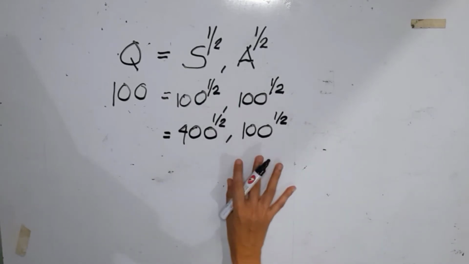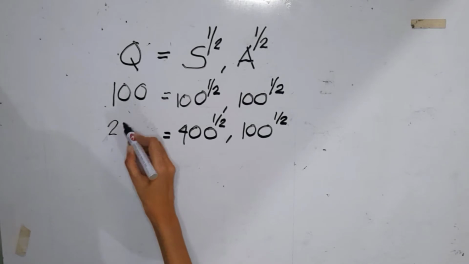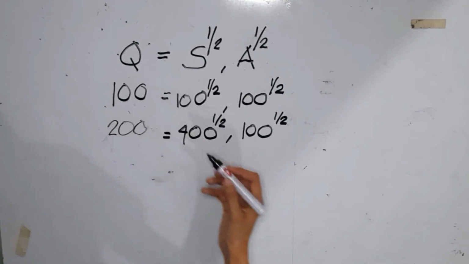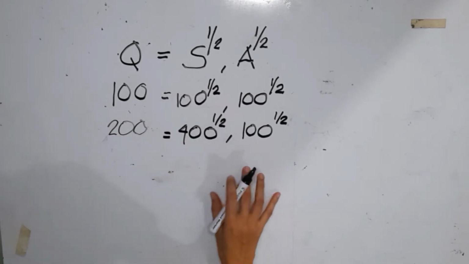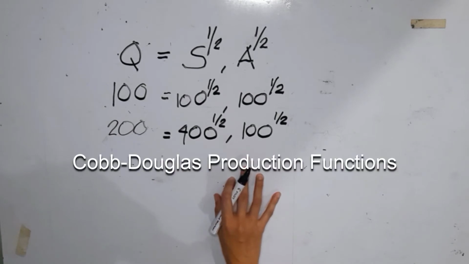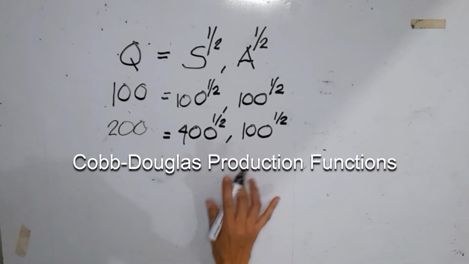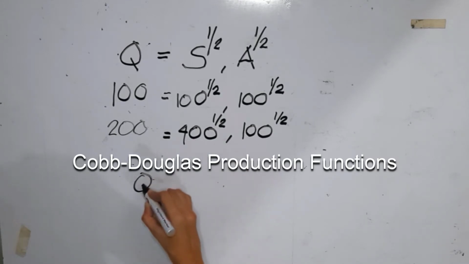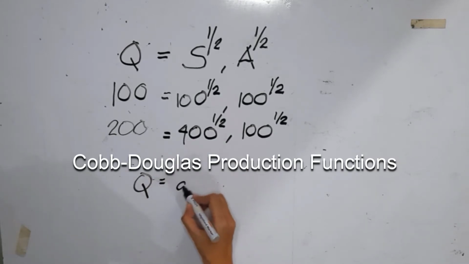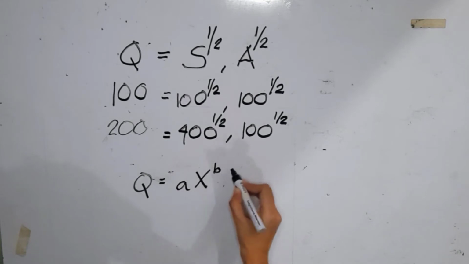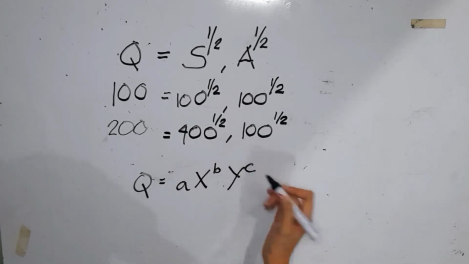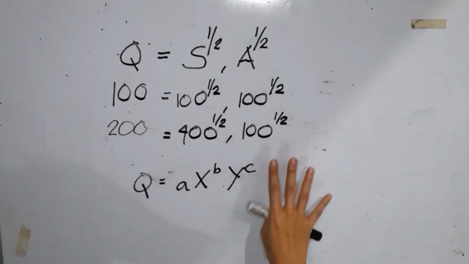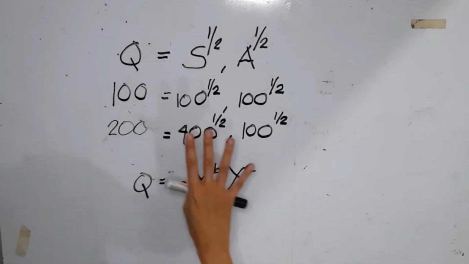We multiply this and we'll have 200, right? This is an example of a Cobb-Douglas production function, which generally takes the form shown. So this is an example of a production function.